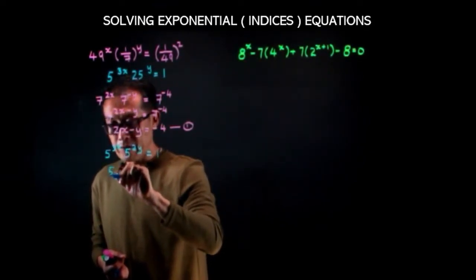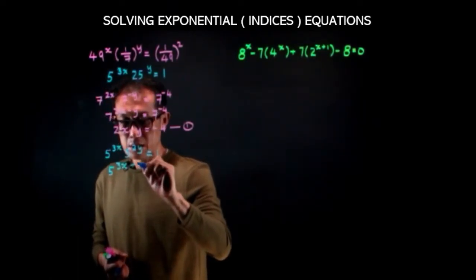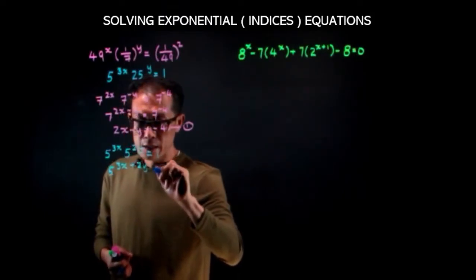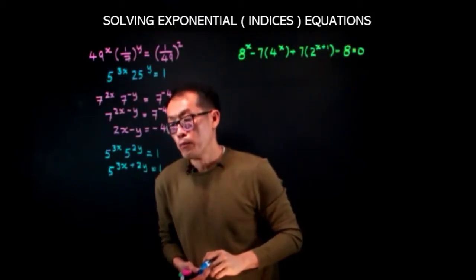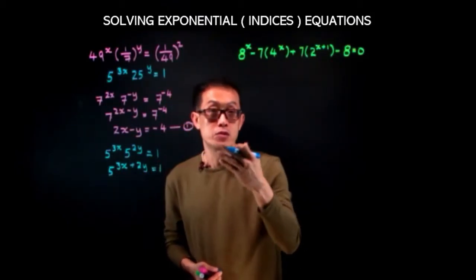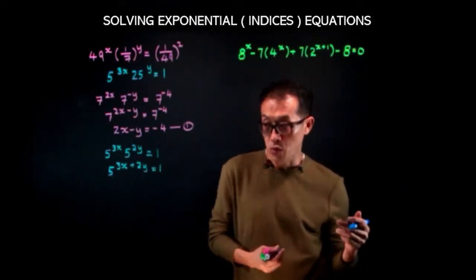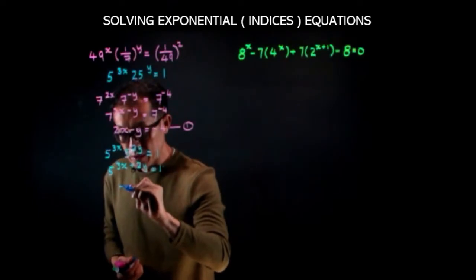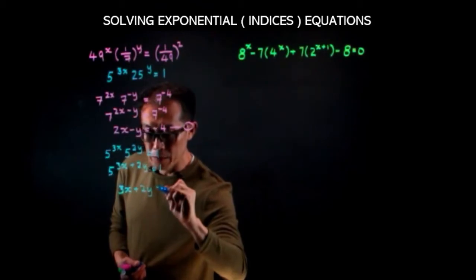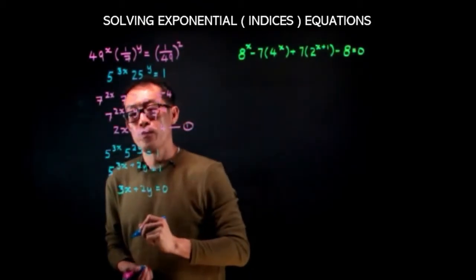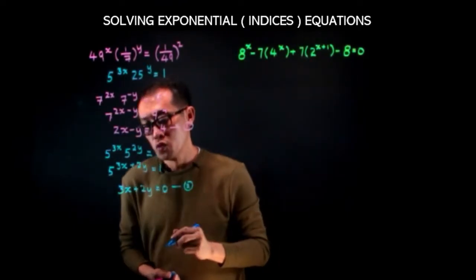So you have 5 to the power of 3x plus 2y equals 1. Now you learn in the basic law of indices, anything to the power of 0 is 1. So this will be 3x plus 2y equals 0. Let's call this equation 2.